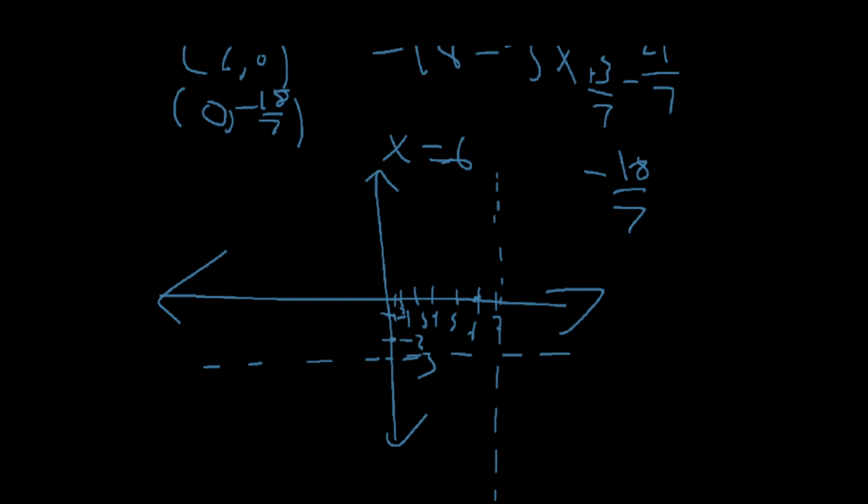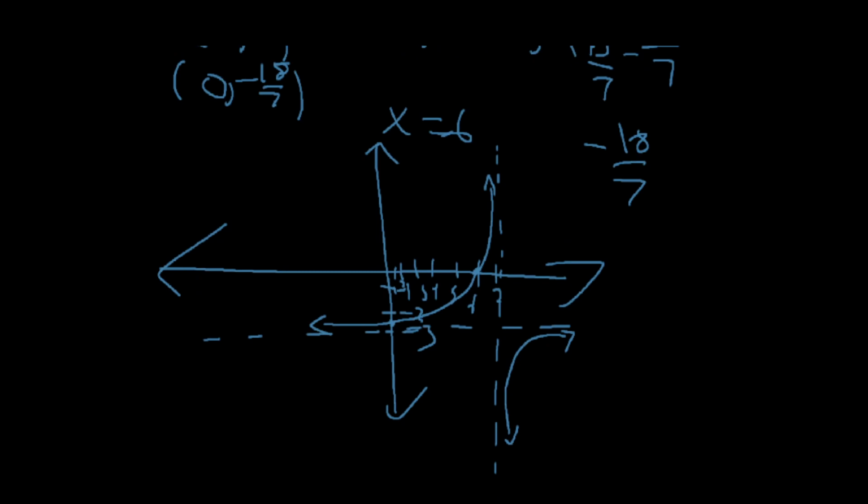Wait, no. Negative, so that's like 2.5-ish, like right here. So we just draw a curve like that, and make sure it edges the asymptote. It's gotta be edging. And the other asymptote is like right here. Probably just make it edge like that. I don't know. There you go.